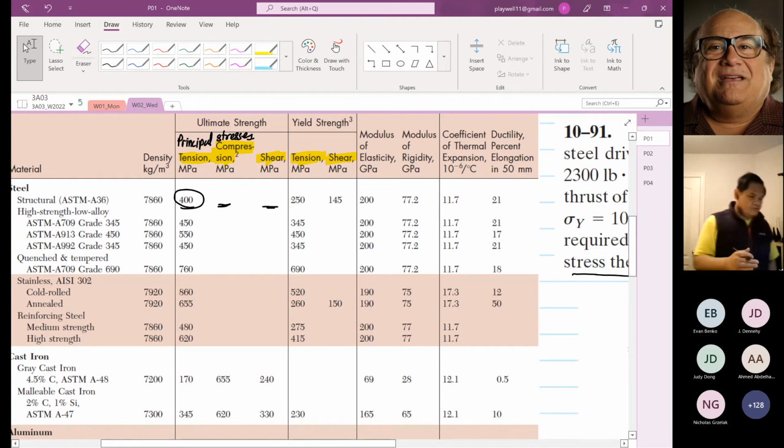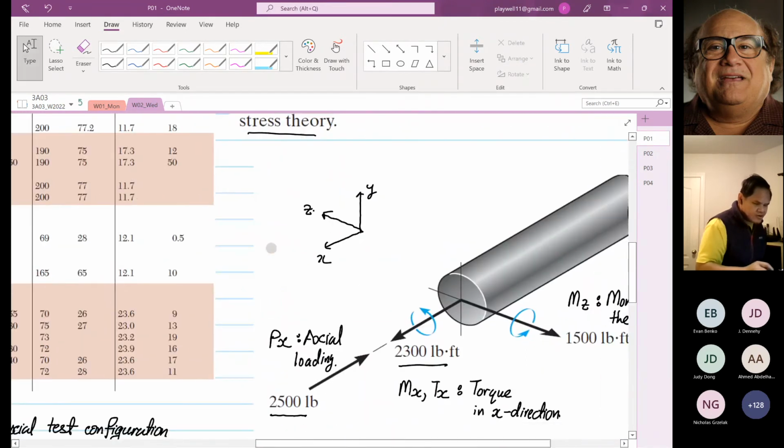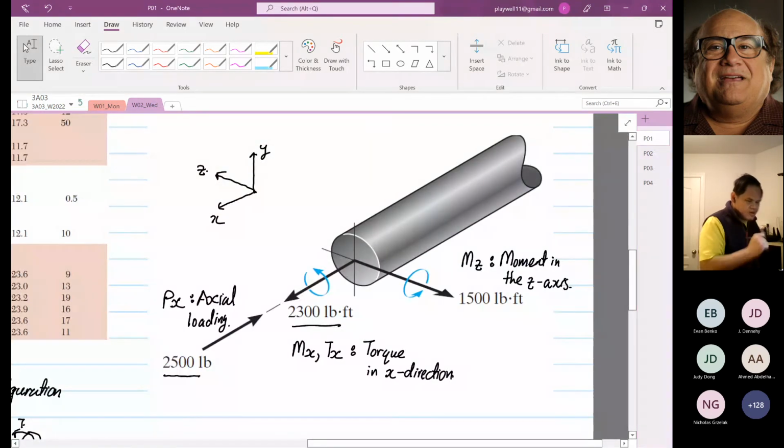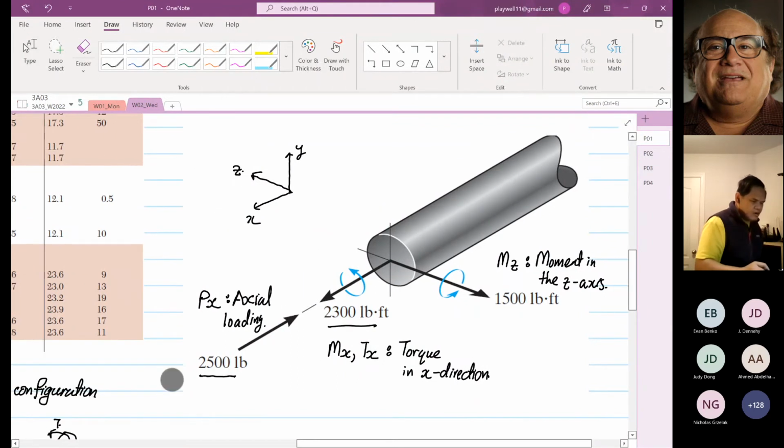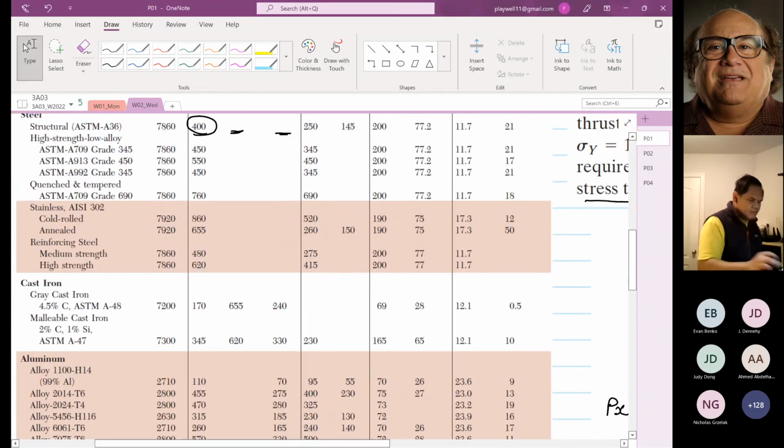When I was a young engineer, I said, just care about one direction, the rest ignore. No, you can't do that. So now I'm going to teach you the procedure on how to determine the stress state in this structure over here, so that you are able to use the data from here.